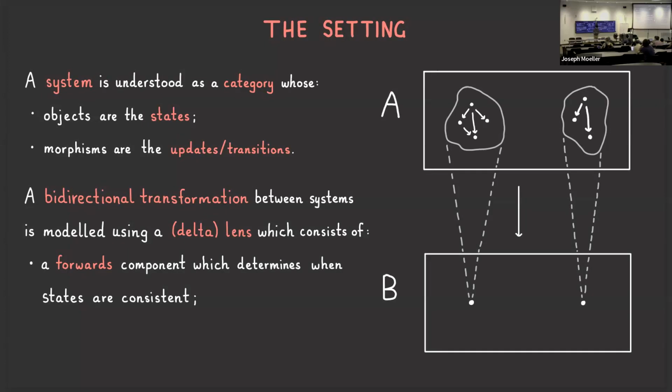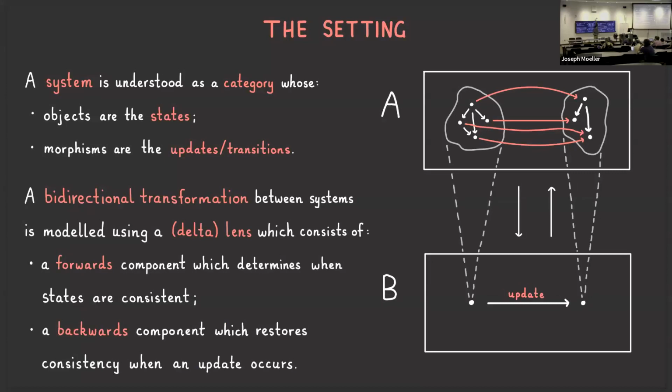In this picture, say we have a state in our category B down the bottom, then the fibre with respect to this functor, which is the forwards component, is all the states and morphisms that are consistent with that state in B. The backwards component of our lens is something which restores consistency when an update between states occurs.